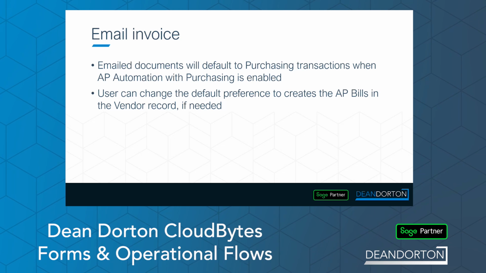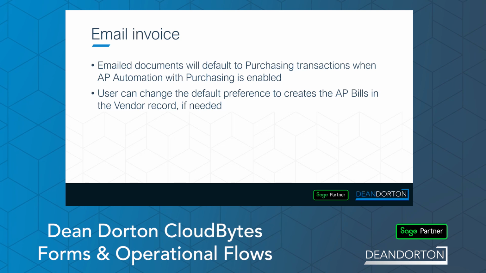So I'm really excited about this because I think there's a lot of uses for this full process of being able to take AP automation and move it into purchasing. So you're not just talking about the utilities costs, the regular operating costs of an organization.